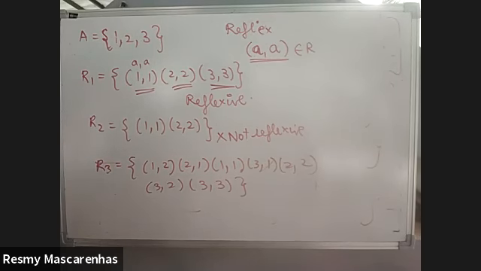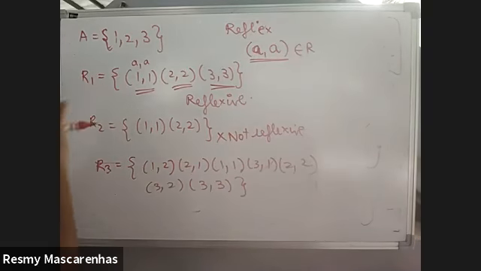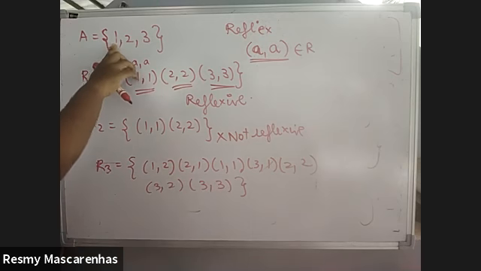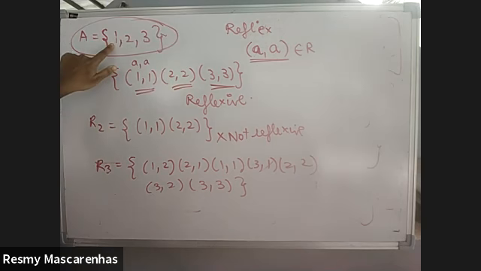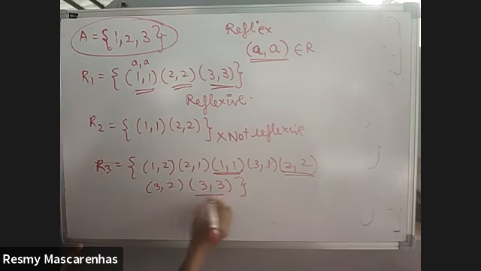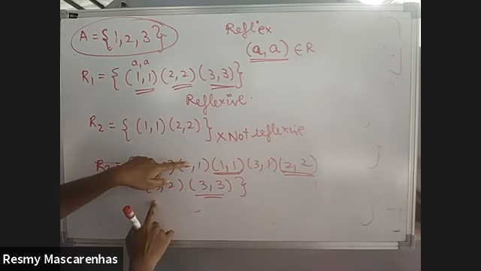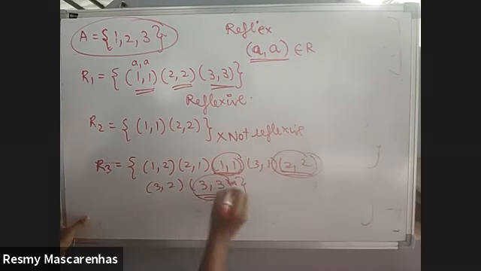Now what is the condition I told you always for reflexive? A comma A. So you have to find which pairs should be present here. This is 1 comma 1. Check 1 comma 1 is there. Yes. Then check 2 comma 2 is there. Yes. Then check 3 comma 3 is there. Yes. Even if extra terms are there, you don't worry. As long as all 3 terms are there, it is reflexive.